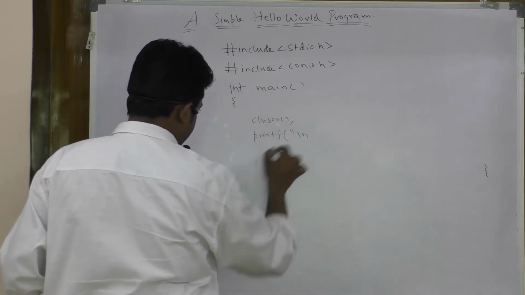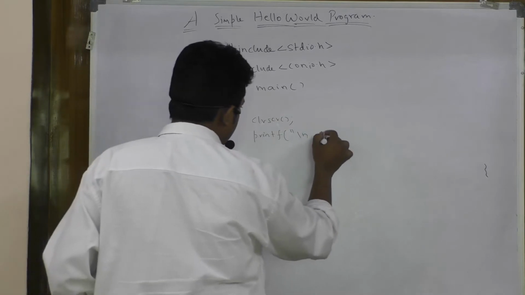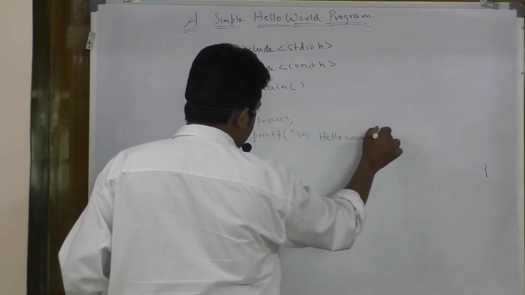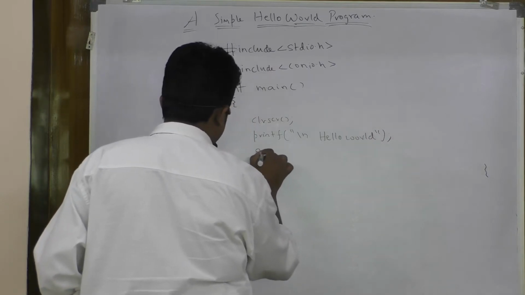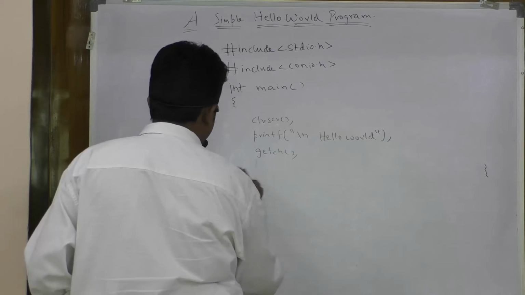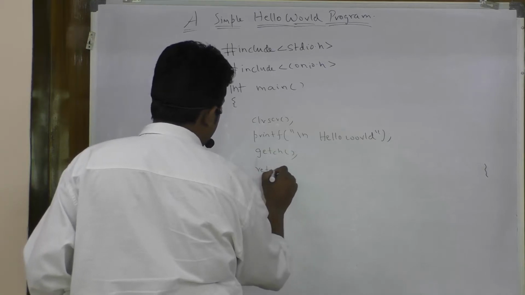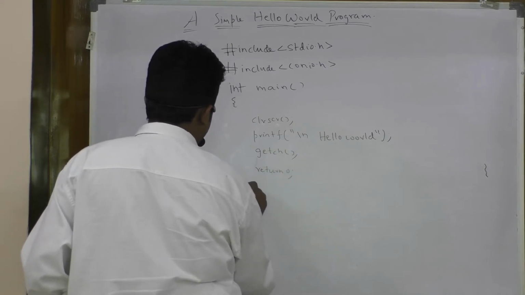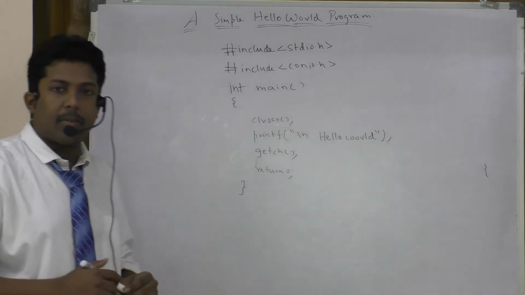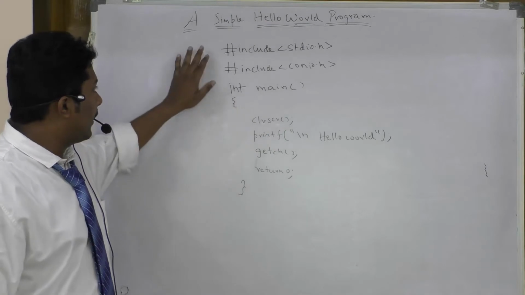Next, printf("\nhello world") or something like this message, and then getch. Finally, every C program ends with the statement return 0. This is the simplest possible C program in the world.